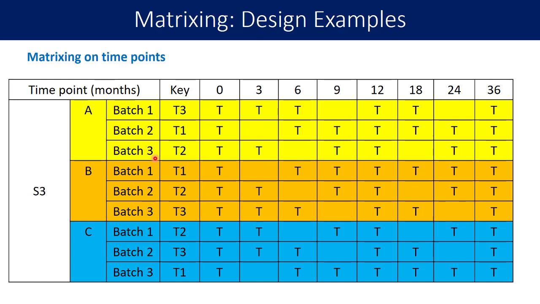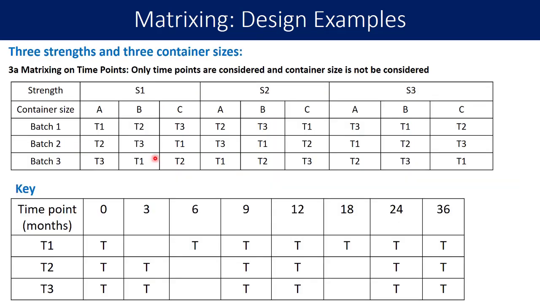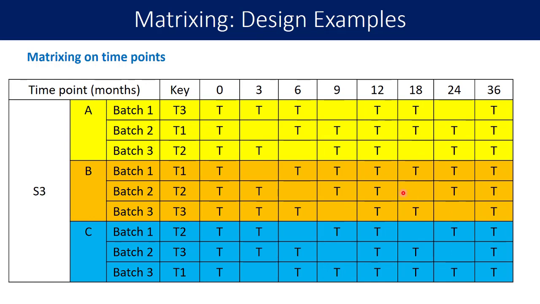There is a little confusion about how this information is to be read, especially when you look at the ICH guideline Q1D, where the detailed explanation is not provided. There is information about this particular matrix plan design and only this number of keys, but how to connect this information and bring it into a proper design is the important point, and this is the information that you must look for: the S1 strength, the S2 strength, and the S3 strength.